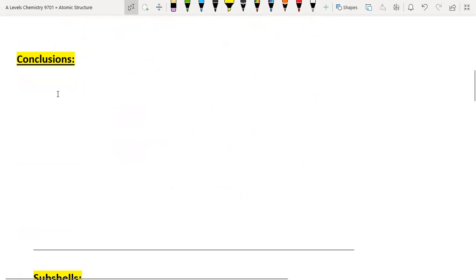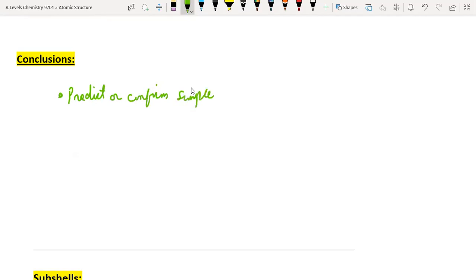This energy gap difference predicts or confirms the simple electronic configuration of an element.